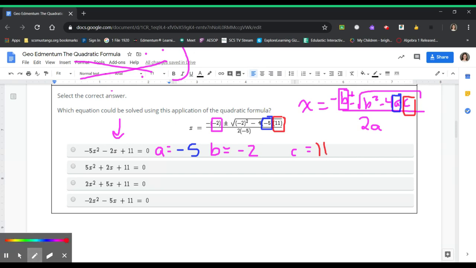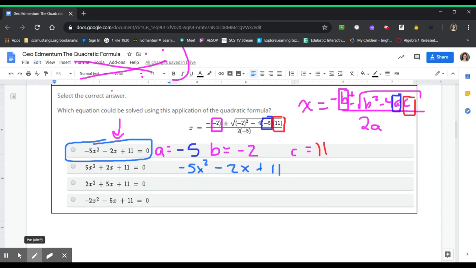So if I write the quadratic equation that we have on our own, I'm going to have negative 5x squared plus, and then this is a negative 2, so instead of a plus, I can write a minus 2x, and then plus 11. And the one that matches is going to be that one right there, negative 5x squared minus 2x plus 11.